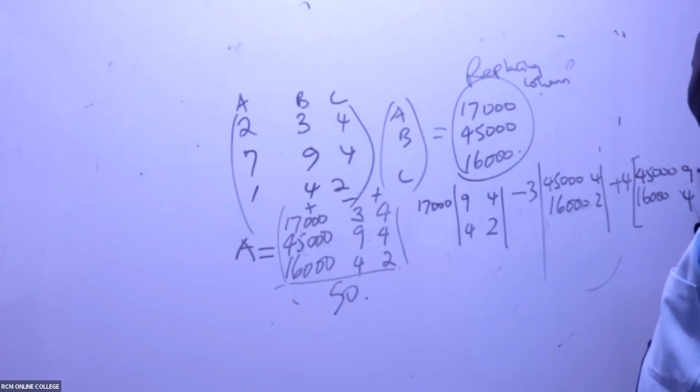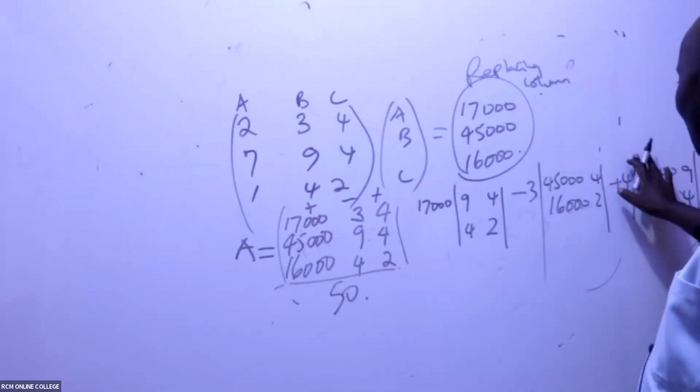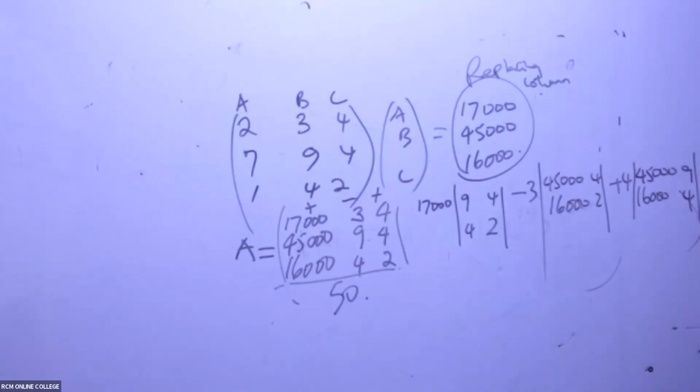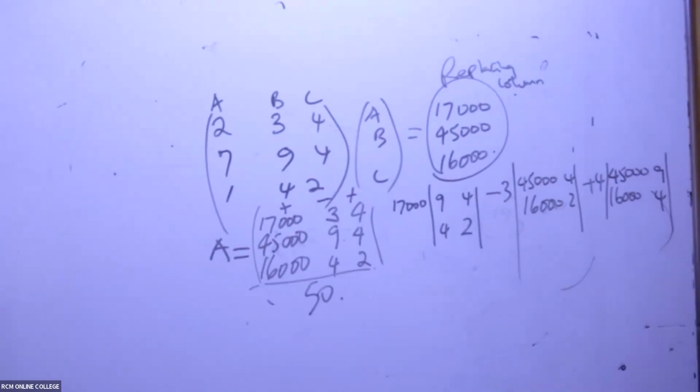So I'll repeat, but is there somebody who has been able to follow up to where we are by any chance? Great. So then what we shall do, let's just finish this question, all of us, because it's the only question that I'm doing.